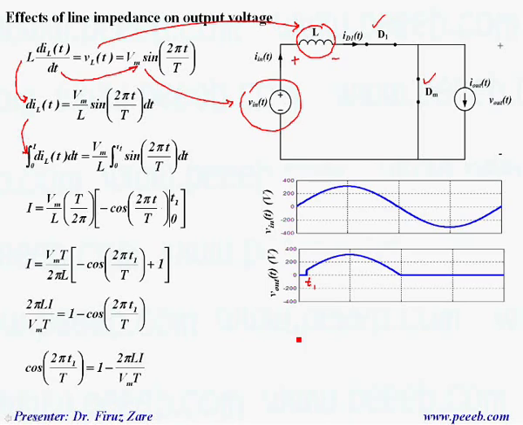That means over this time current through the inductor is increasing. Suppose the output current is I. So the lower limit of the integral is 0 and the upper limit is I.